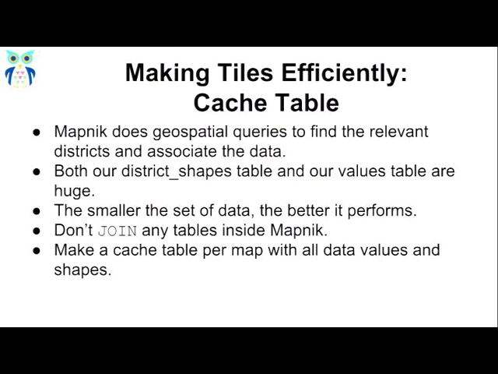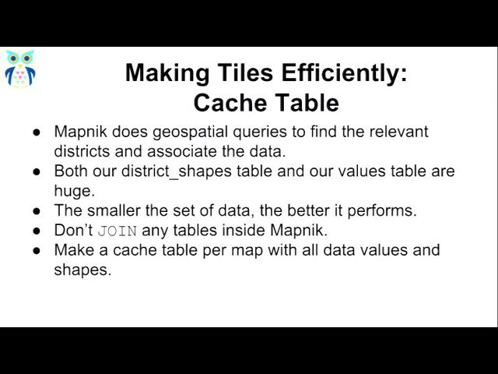So to make tiles efficiently in MapNIK, I don't want MapNIK to be doing any joins or anything because it is doing geospatial queries to generate each tile. And my district shapes table, which has all the shapes, is huge. It's 6 million rows just for Washington state.